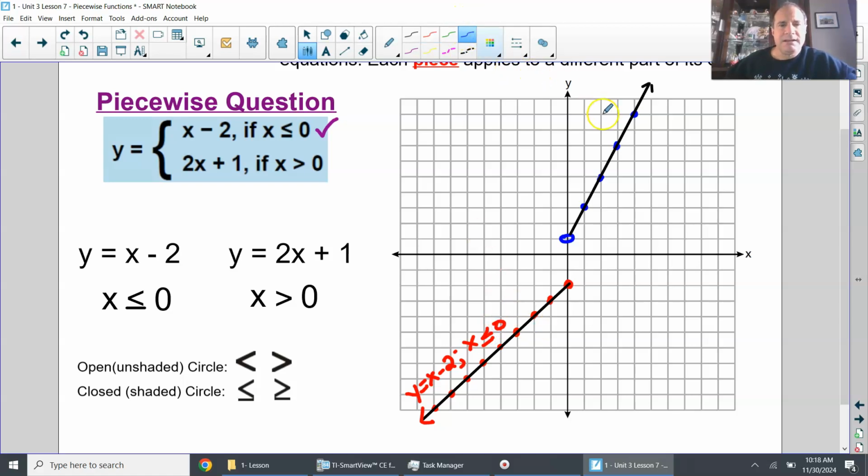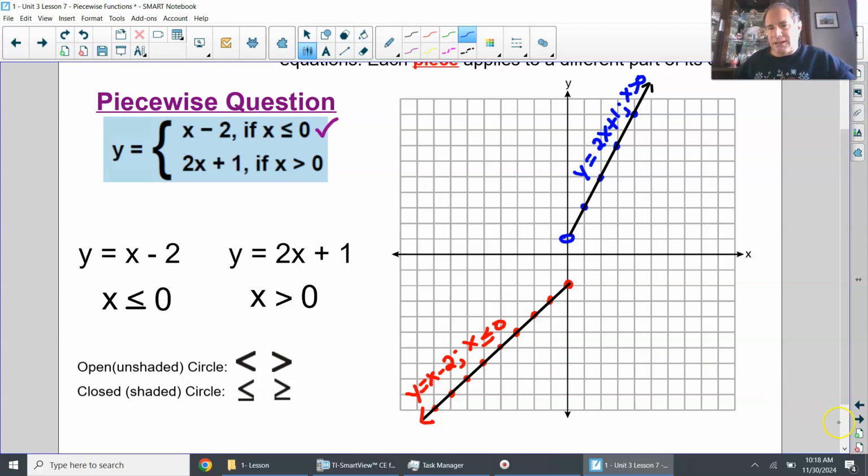This one is y equals 2x plus 1, and I'm going to put a semicolon, and x is greater than 0. And that is a piecewise function. These are pieces of each function. All right, and that is it.